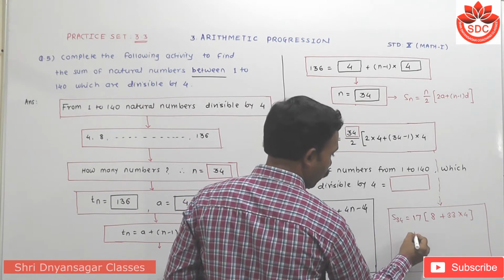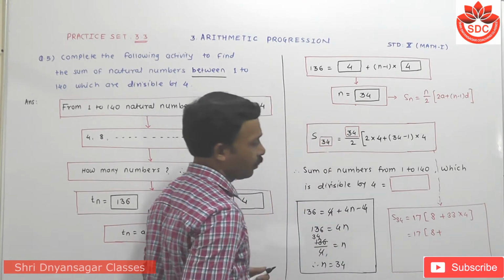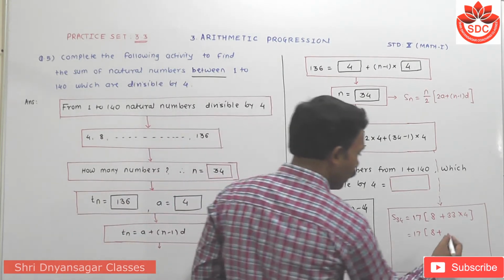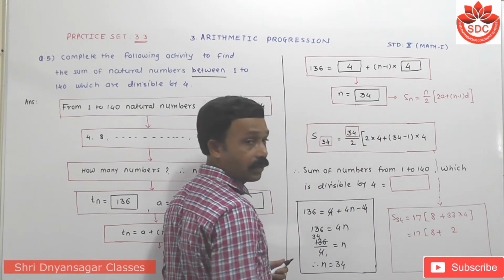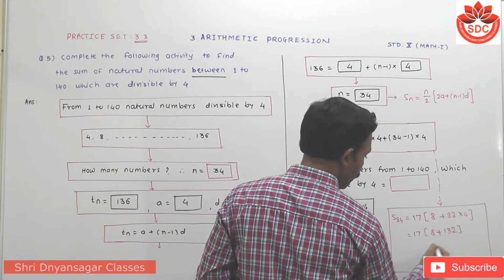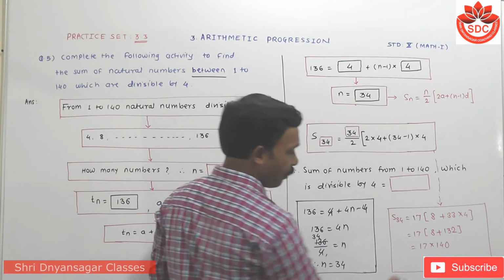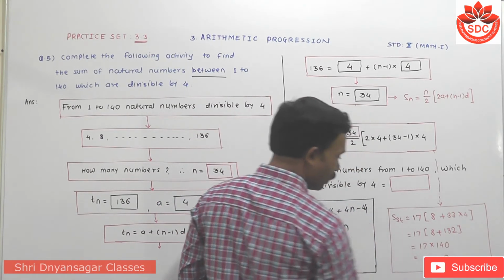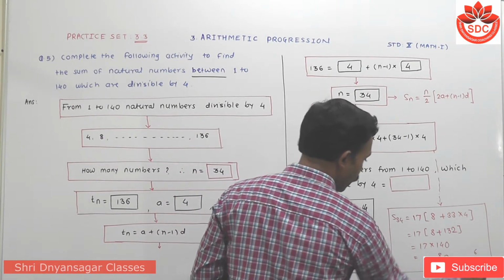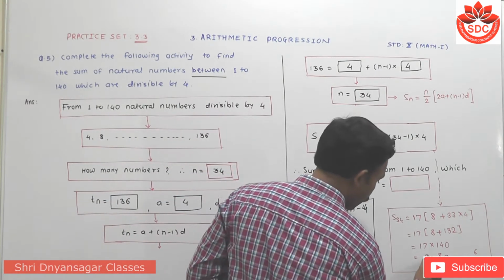Then S34 is equal to 17 in bracket 8 plus 33 into 4. 4 threes are 12, carry 1. 4 threes are 12 plus 1 is 13, so 132. Then 8 plus 132 is 140. Then it becomes 17 into 140. Then the product of this: 17 zeros 0. 17 fours are 68, carry 6 here. 17 ones are 17 plus 6 becomes 23.